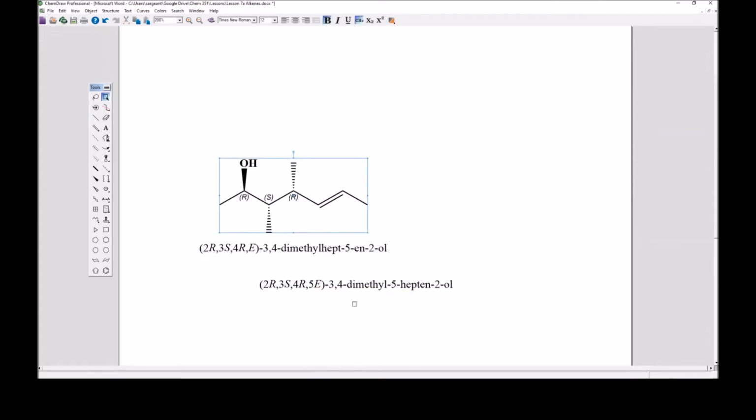So 3,4-dimethylhept-5-enol. We are in agreement on this side, and then I have a 2R, 3S, 4R, and then I called it 5E, and they just put the E at the end. Again, I prefer to see these in numeric order with a number on each stereocenter when you have lots of stereocenters like in this compound.